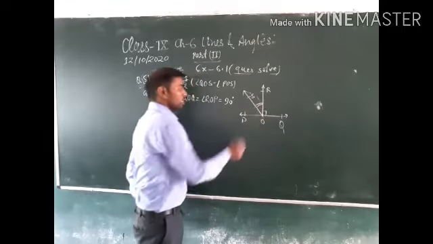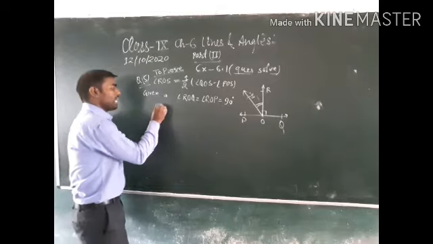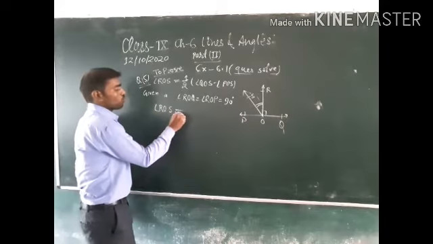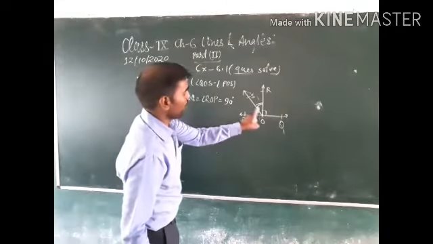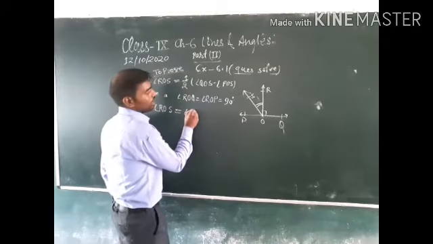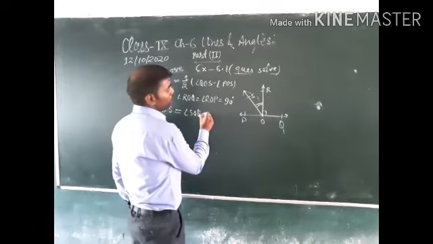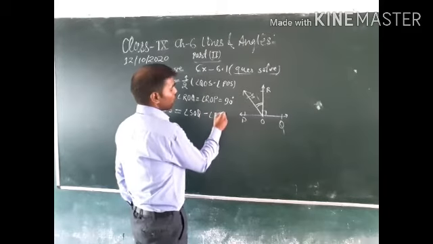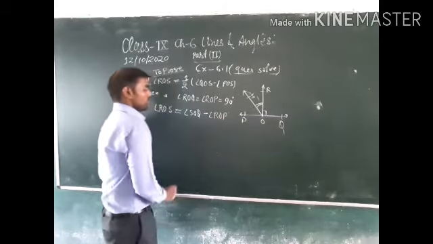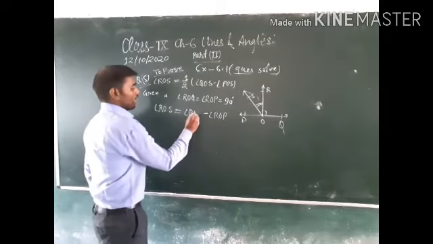Angle ROS is equal to angle SOQ minus angle ROQ.